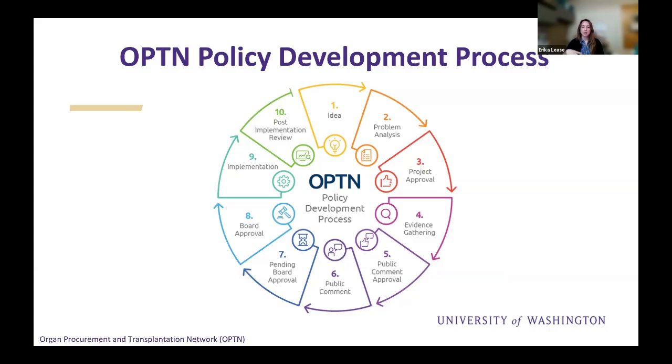And so once public comment comes back, the sponsoring committee can make either minor modifications, major modifications, or sometimes even needs to go back to the drawing board and create a new policy proposal. And public comment is standardized in this process at 45 days. There's also outlining for the need of a document that outlines what the proposed policy is, what it does, data that were reviewed in developing the proposed policy, and how the committee came to the solution that they did.